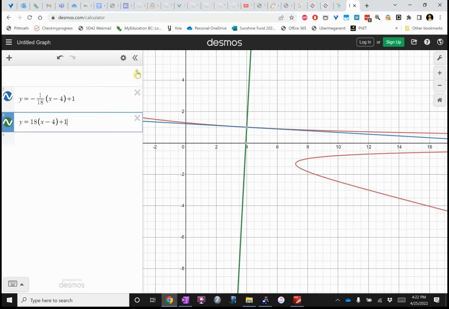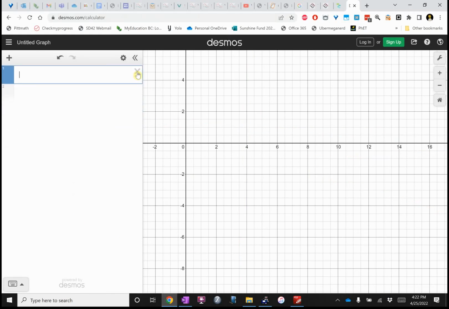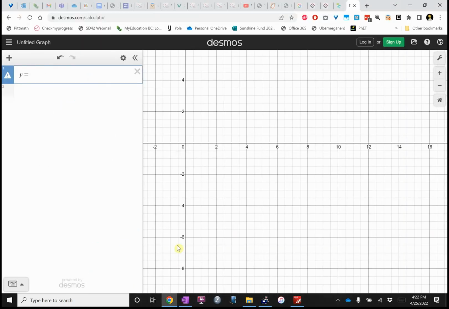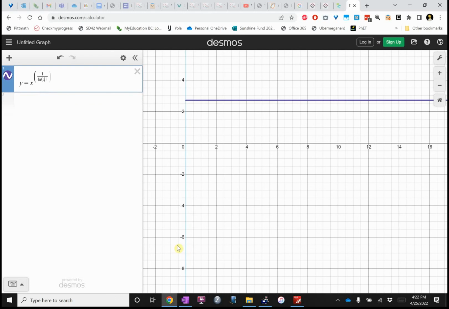So, let's close this, close this, close this. It was y equals, that's a pretty cool graph, x to the 1 over ln x. Ha!